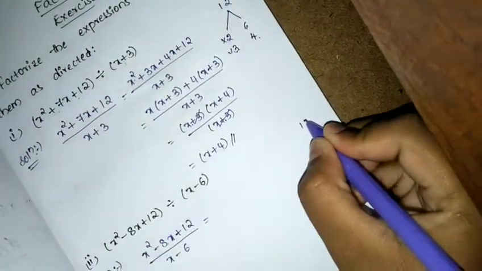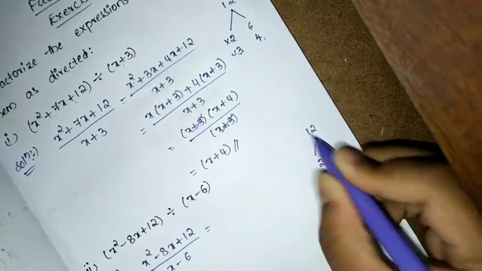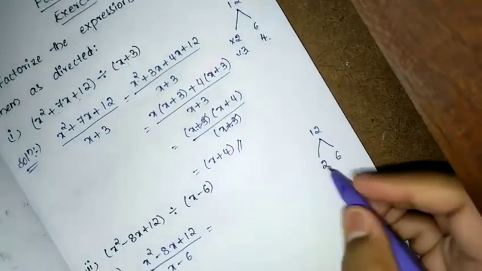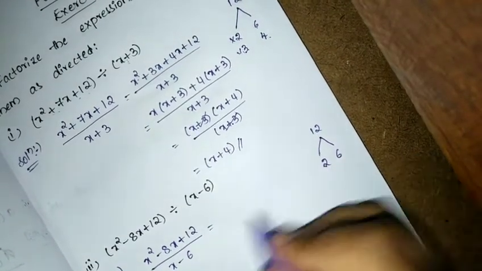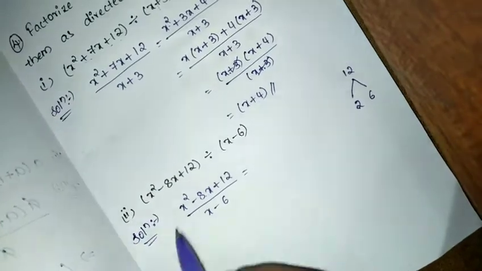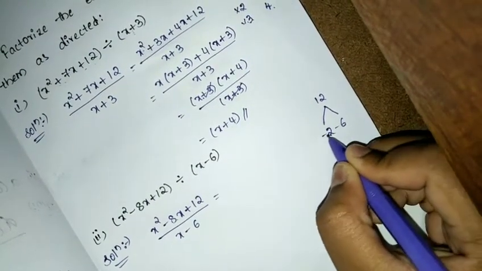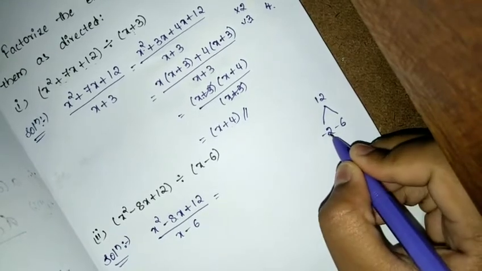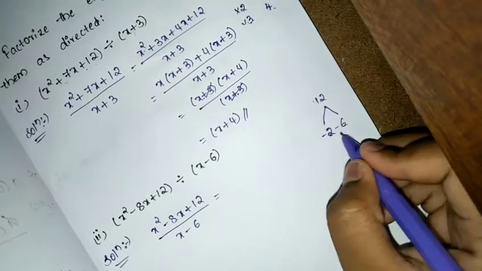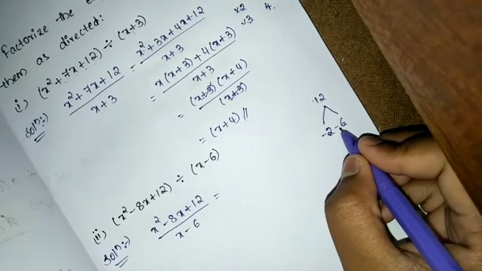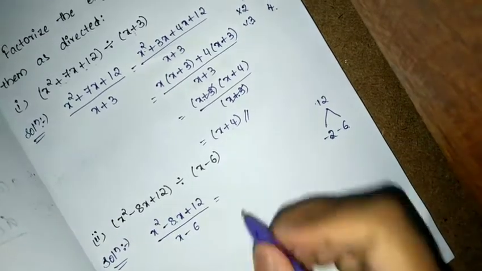So we have 12, factors are 2 sixes are 12. 6 plus 2 is 8, but here we have minus, so we can put minus in front of these two terms. Then we get minus into minus plus 2 sixes are 12, minus into minus plus, that means minus 2 minus 6 is minus 8.